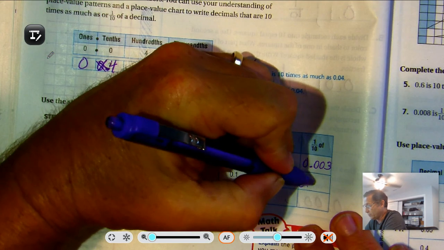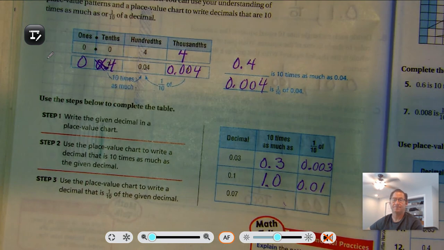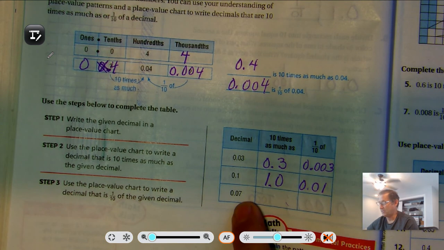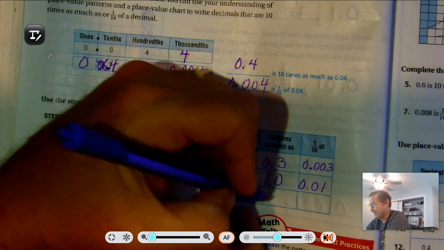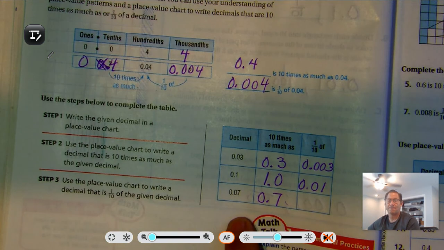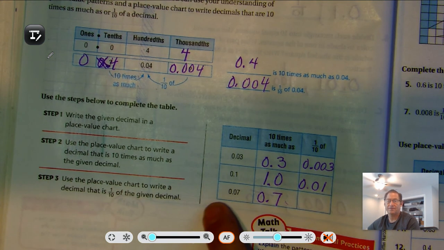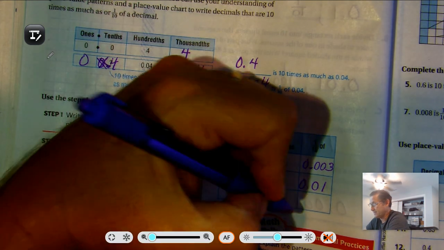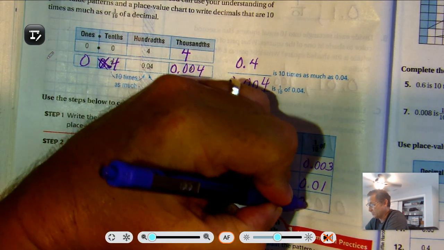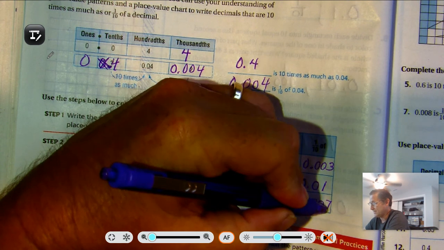So 0.01. Then 7/100. 10 times as much would be 7/10. 1/10 of 7/100: 10 times 100 parts would be 1,000 parts. So 0.007.